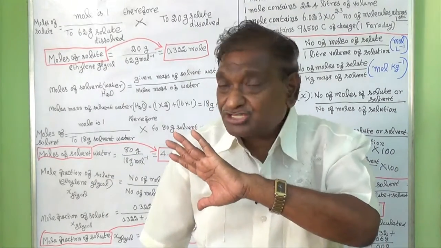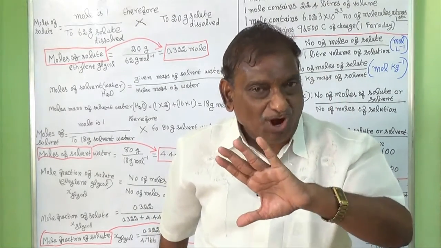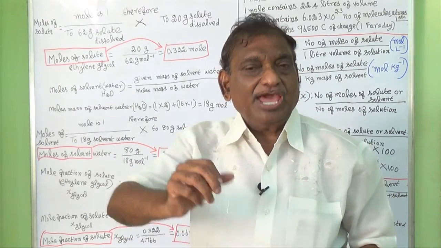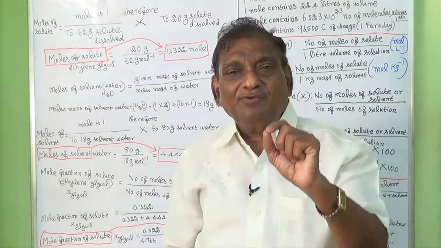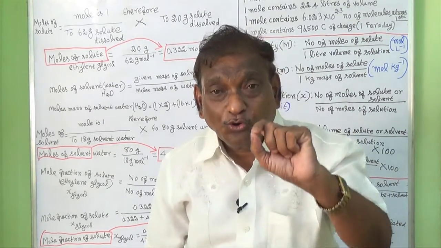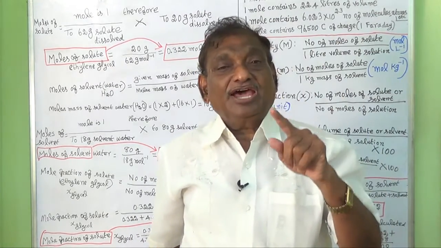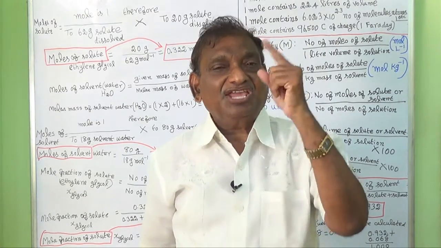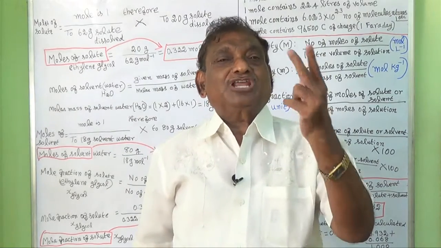In this sum, they have asked only to find the mole fraction of the solute, that is ethylene glycol. They are not asking to find the mole fraction of the solvent, that is water. For understanding purposes, we have calculated here the mole fraction of the solvent, that is water, also. One doubt may arise for the students. After finding the mole fraction of the solute, whether they should find the mole fraction of the solvent?